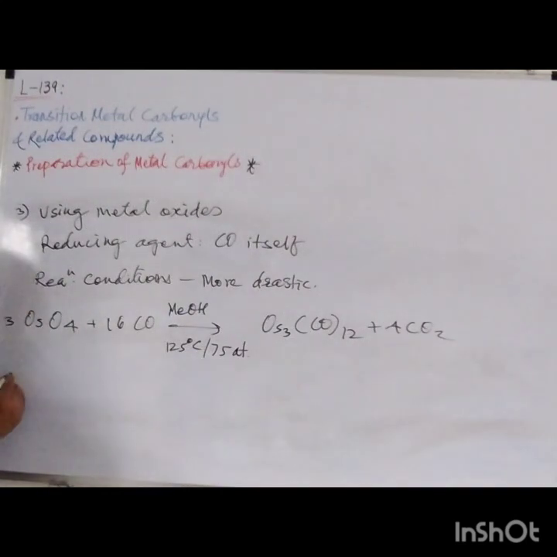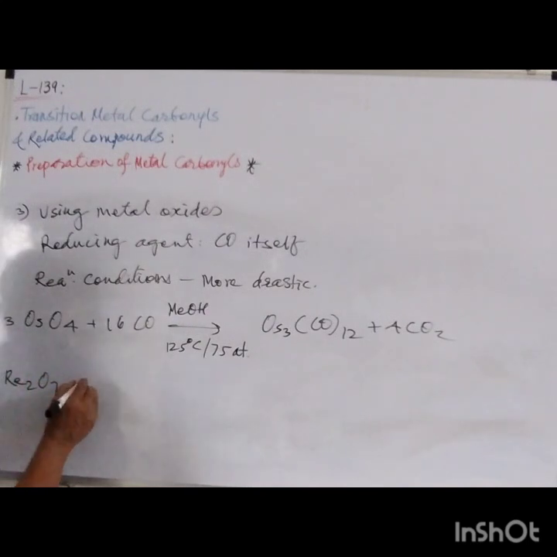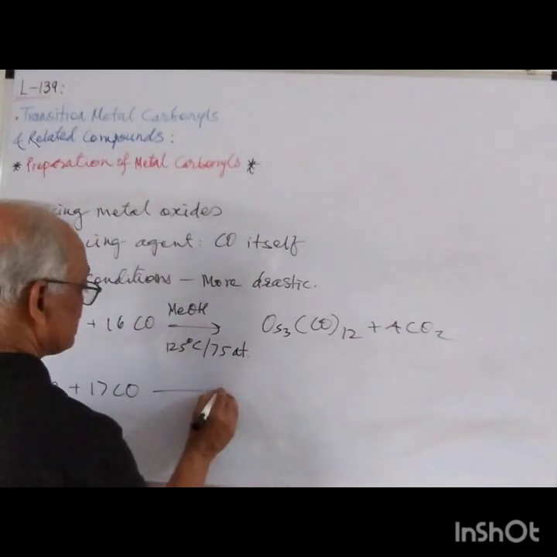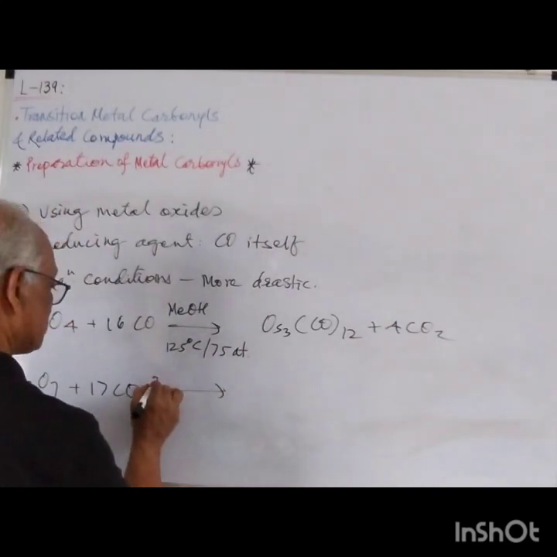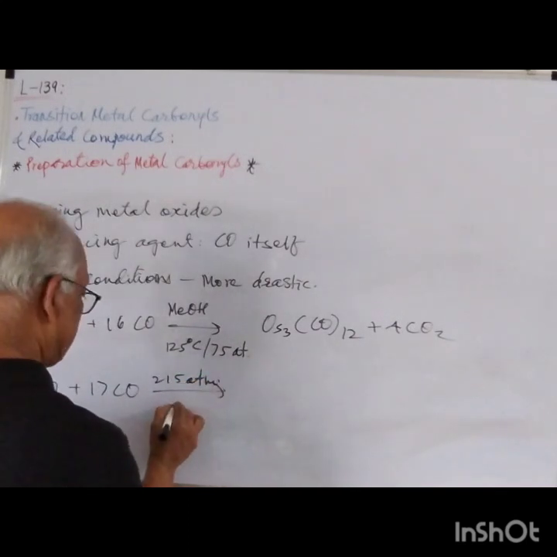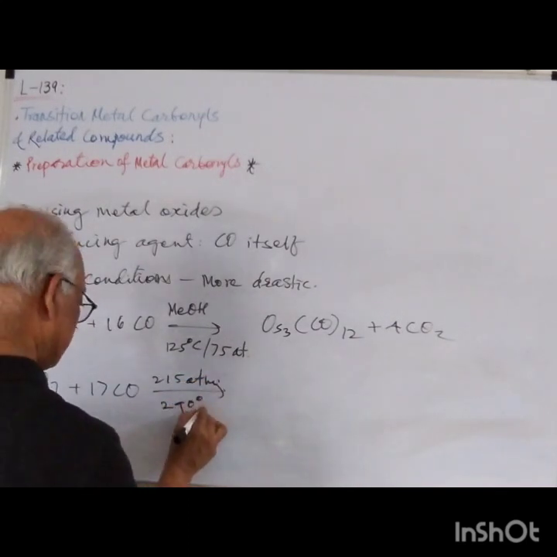Similarly, another reaction uses rhenium: Re2O7 plus 17 carbon monoxide under 215 atmosphere pressure and 290 degrees centigrade.